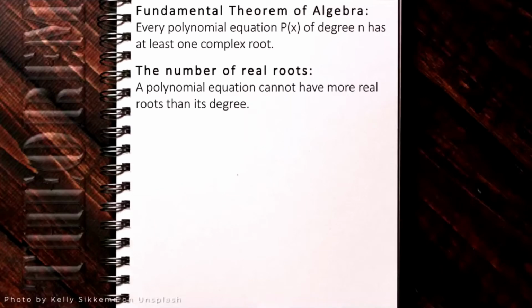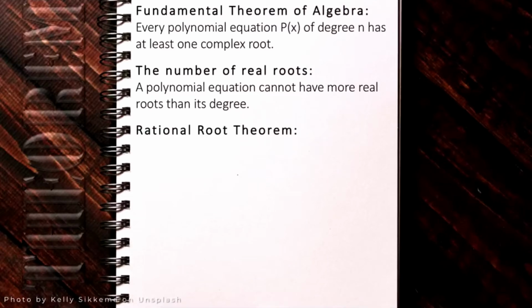A polynomial equation cannot have more real roots than its degree. Okay, in this theorem, for example, we have a cubic polynomial function. Since in cubic, the degree is 3, therefore, the highest or the utmost number of roots that we have is 3.